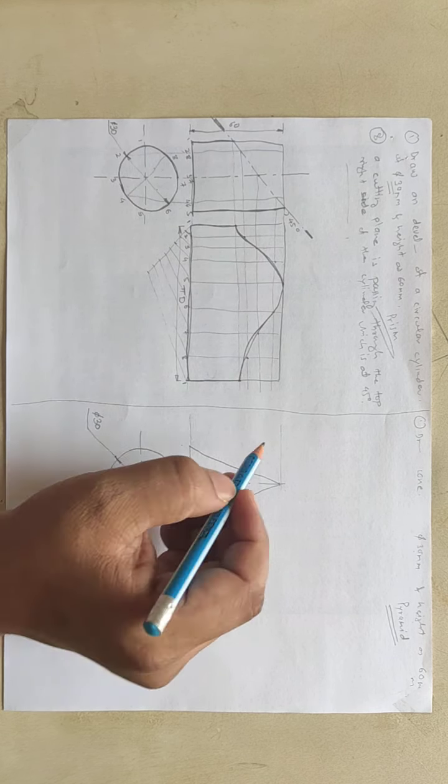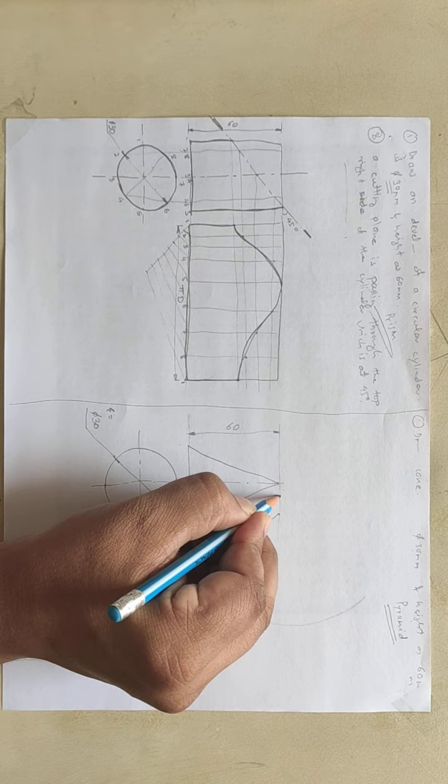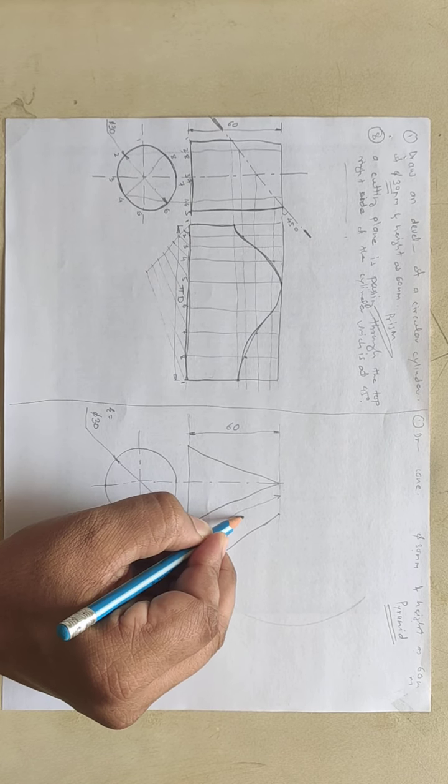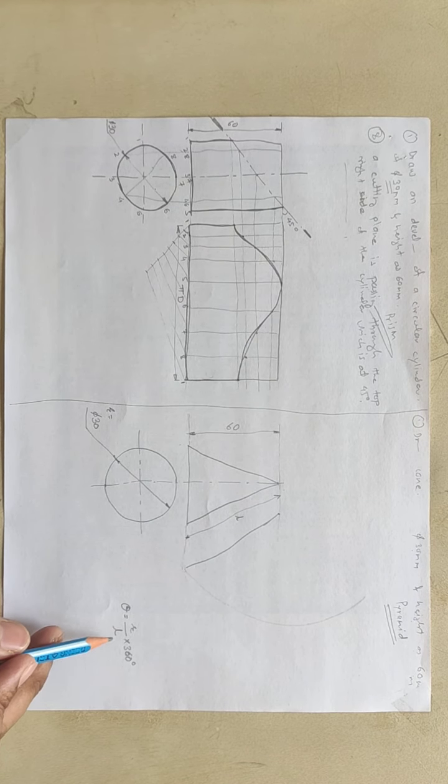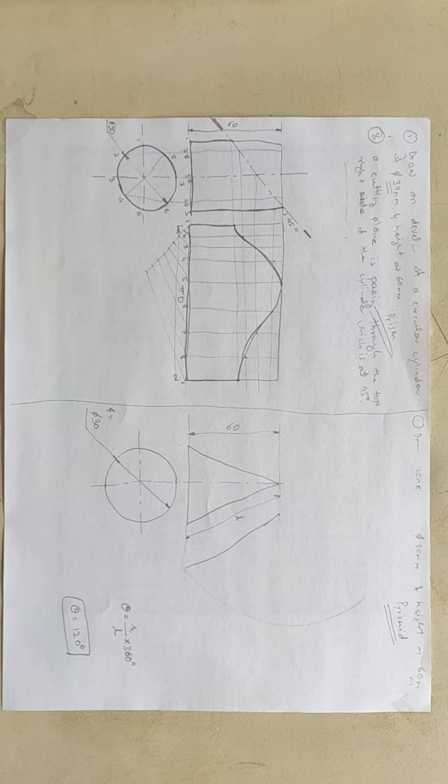Then L will be equal to this slant length. Whatever this slant length is, that will be the length L. And if we multiply this ratio by 360, then we get some theta value. Say for example, we have got this theta as 120 degrees.